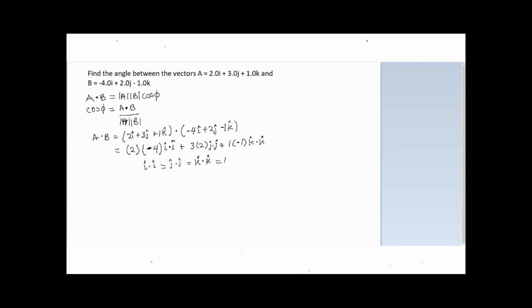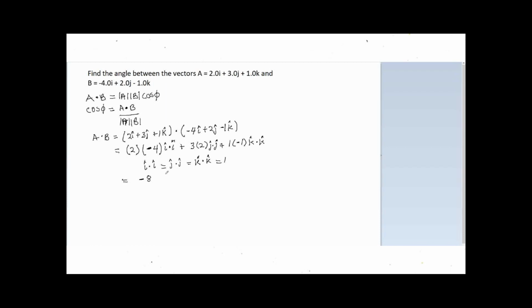So A dot B will be equal to 2 times -4, that should be -8. i dot i is 1, so that goes away.